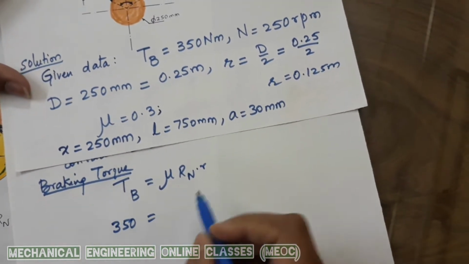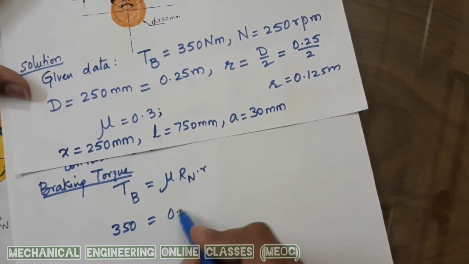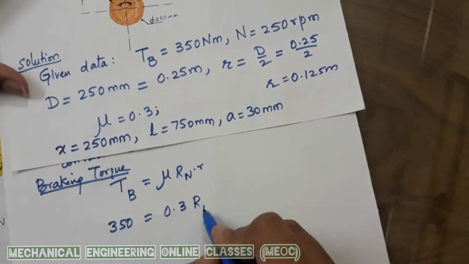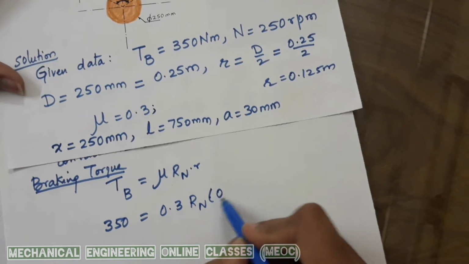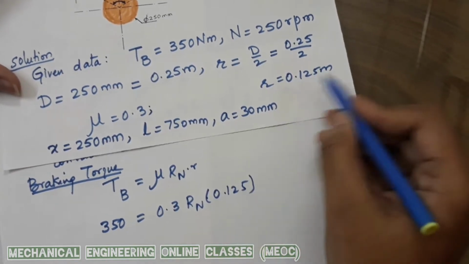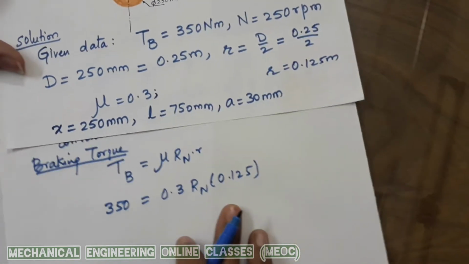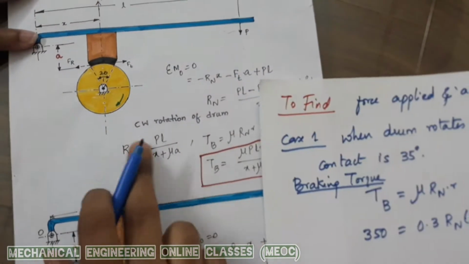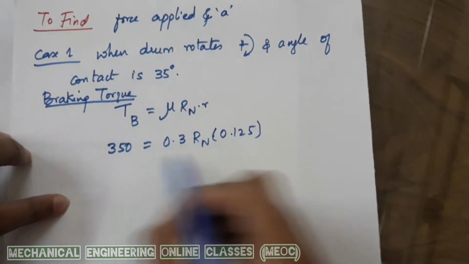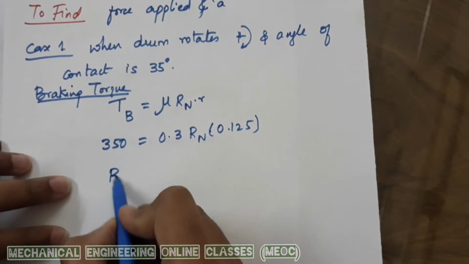So this is equal to mu, which is also given as 0.3, Rn, which is not given, and r, which is given as 0.125. Rather than using a formula for Rn, from this particular derivation of TB, because every other data is there, I can straight away find Rn from this.